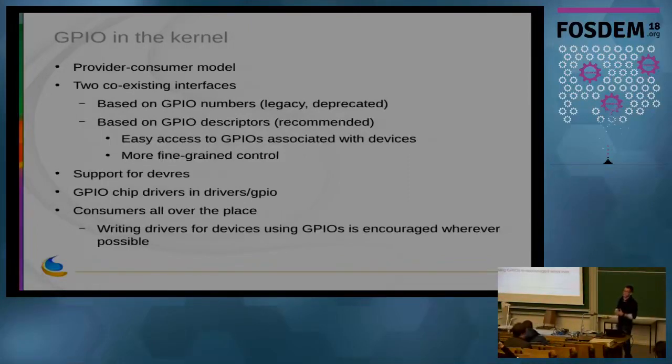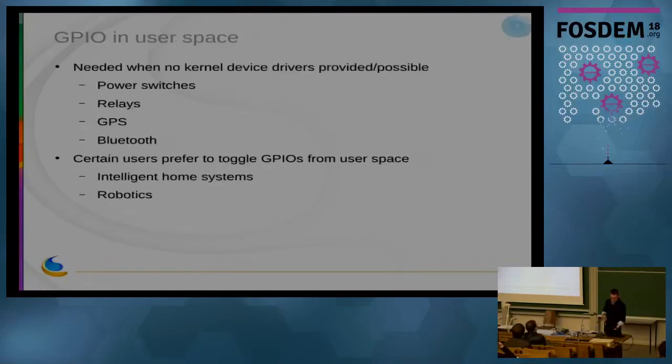The drivers for GPIO chips live in drivers/gpio directly in the kernel source, while the consumers are everywhere because many devices rely on GPIOs. So usually you should write drivers that use the GPIO lines, but in some applications it's actually preferred to do it from user space.